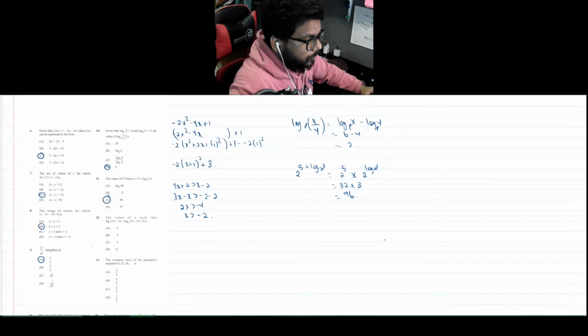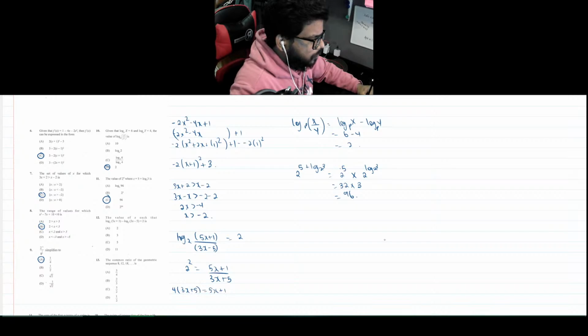That is equal to 2, so I'm going to use the law: log of (5x plus 1) over (3x minus 5) to base 2 is equal to 2. 2 to the power 2 is equal to this. 4 into (3x minus 5) is 5x plus 1.